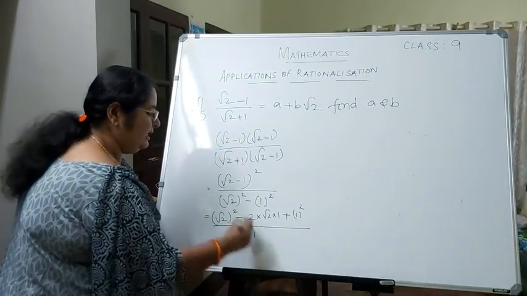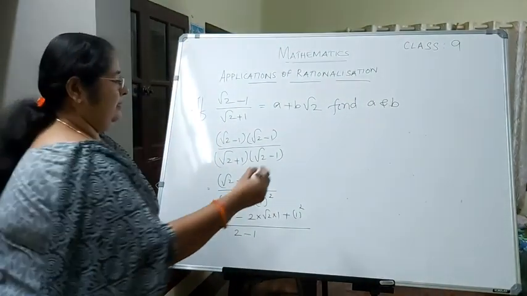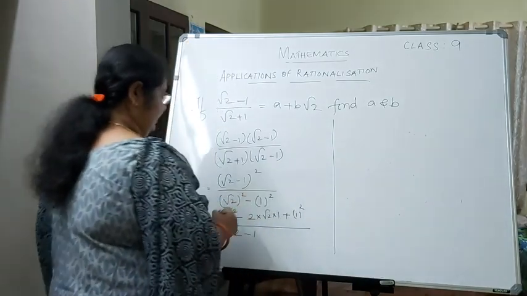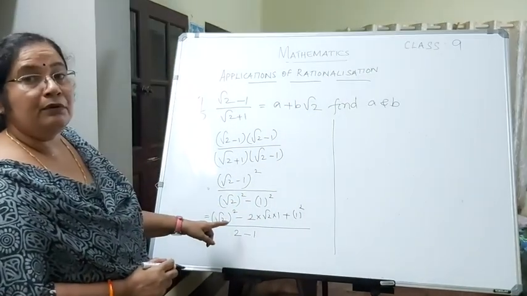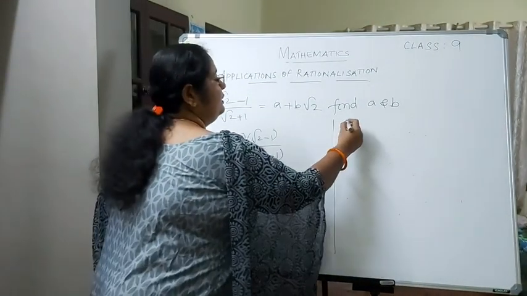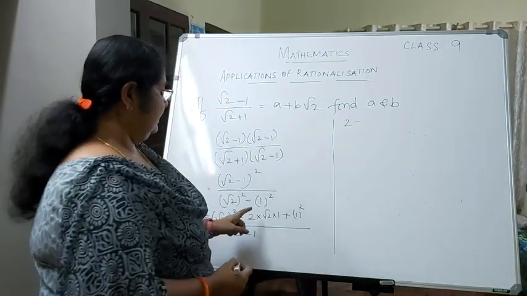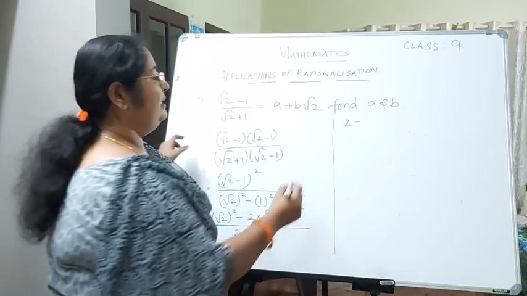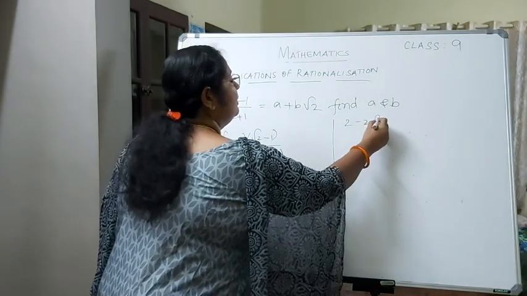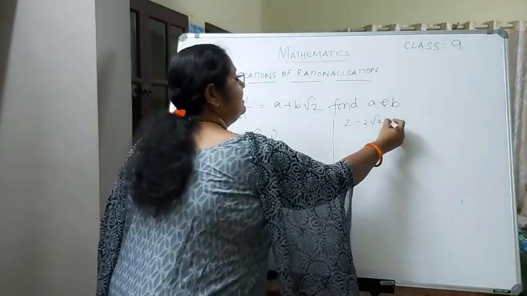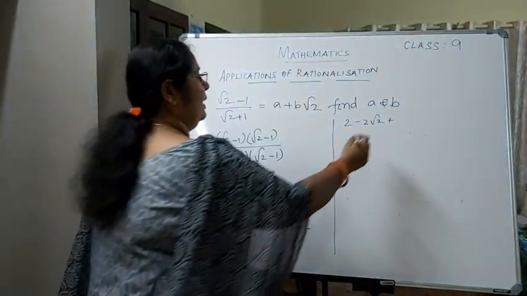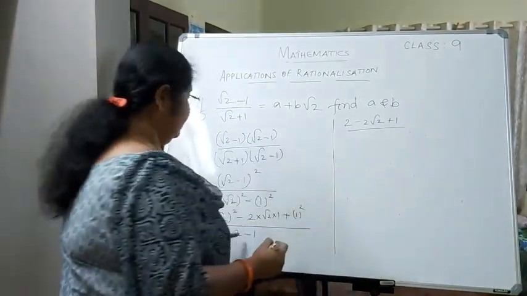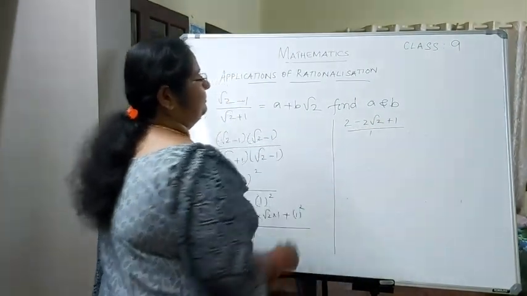So 2 − 1. Now let us see the numerator. (√2)² is 2. So this will be 2 − 2 into √2 into 1. What is that? It is 2√2, plus 1² is 1, divided by 2 − 1 is 1.